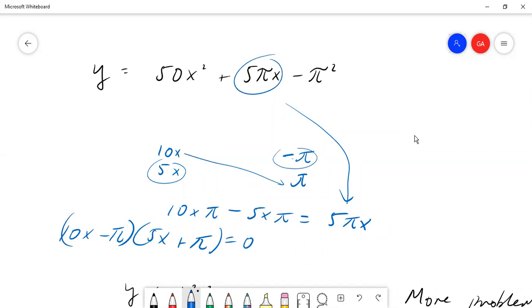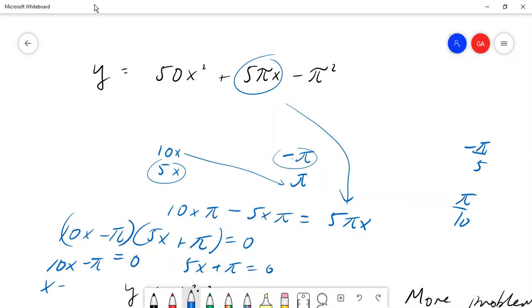And then what would your solutions be? Adi has said negative pi over 5 and pi over 10. This is just basic algebra. These are your two statements when you apply the zero product property. From here, you would have x is pi over 10.